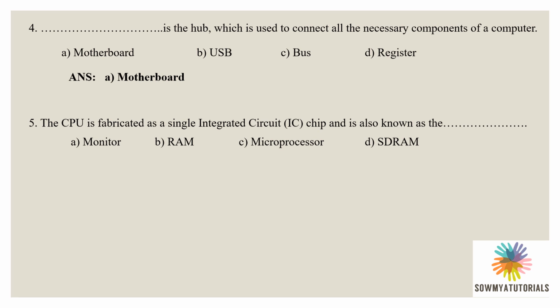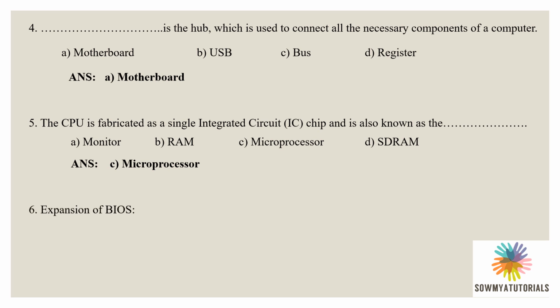The microprocessor is plugged into the motherboard of the computer. An example of a microprocessor is Intel. The last option, SDRAM, is synchronous dynamic random access memory. So in question number 5, the correct option is C, microprocessor.